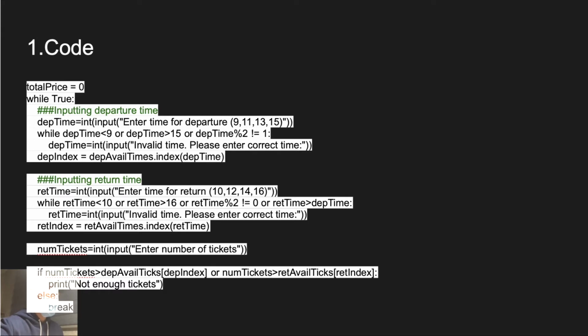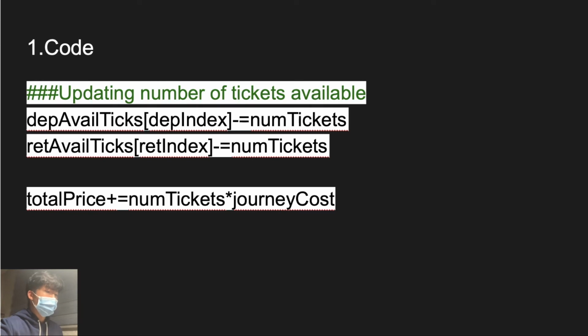The next part of the code is updating the number of tickets available. Once the user passes the first part of the code, it means the user has successfully purchased the tickets, so we have to update the number of tickets that are currently available.